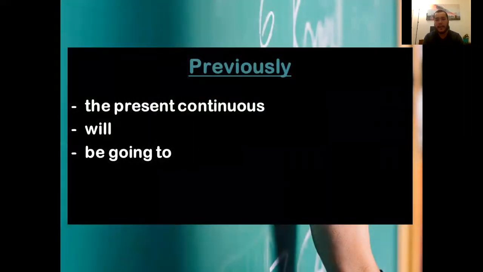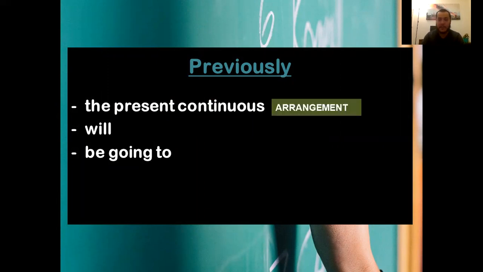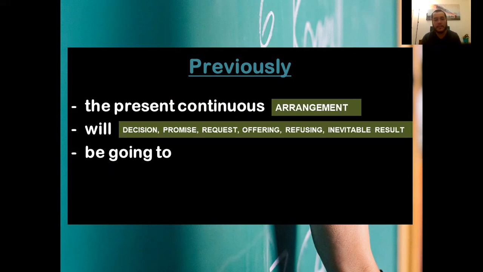In previous sessions, we have seen the present continuous, which you use for arrangement. And then will, you use it with decision, promise, request, offering, refusing, and inevitable result. And what happens with be going to? Question mark, because we are going to see it later.